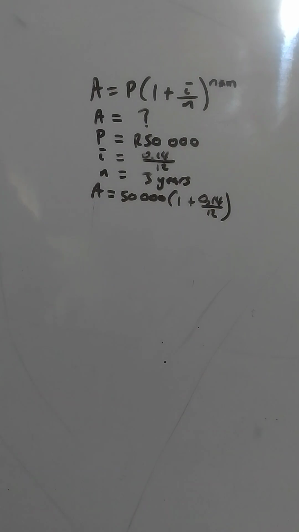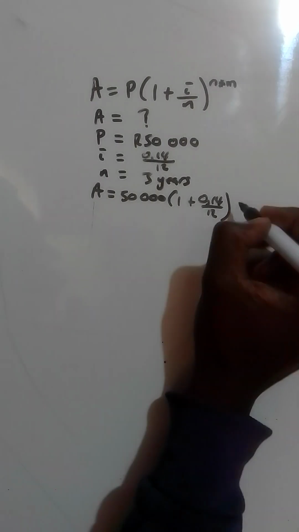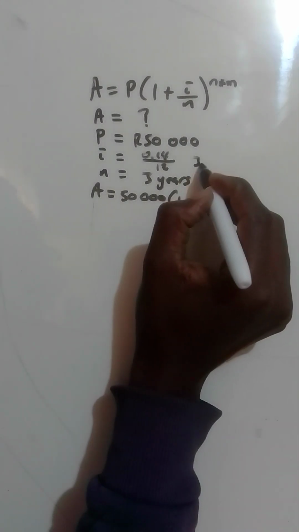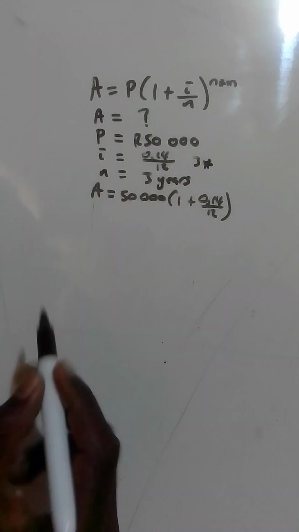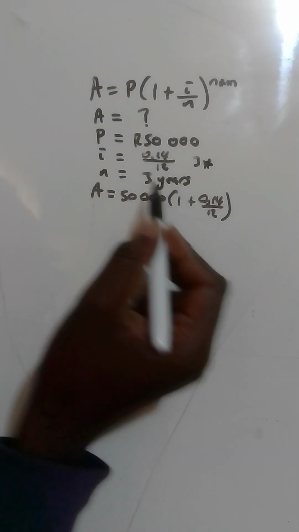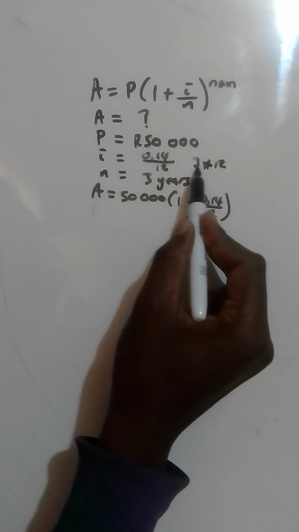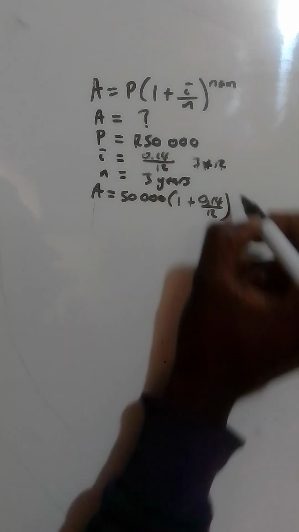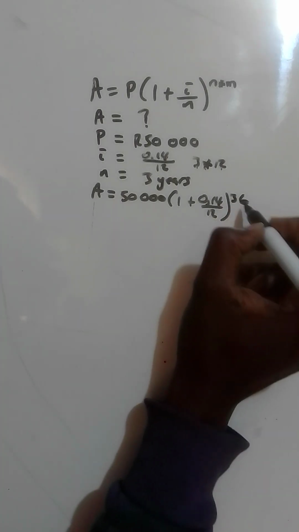Now, I know that the period is 3 years, right? So I say 3 years multiplied by, it was compounding on a monthly basis, which is multiplied by 12. So 3 multiplied by 12 is equal to 36. So I say to the power 36 here.